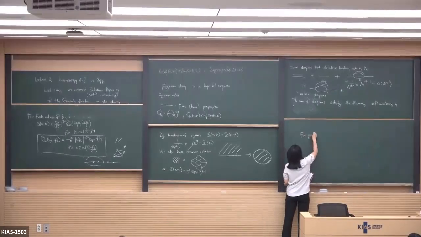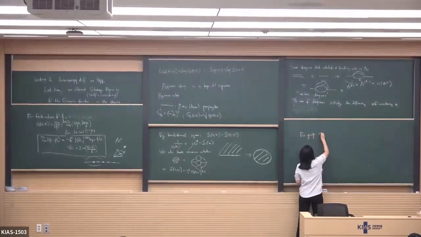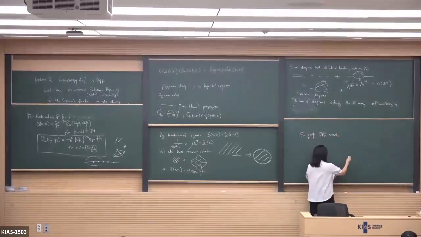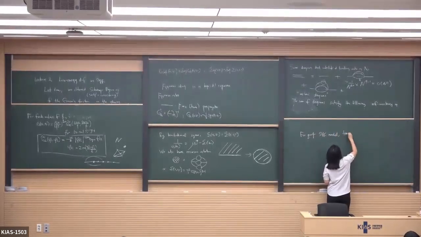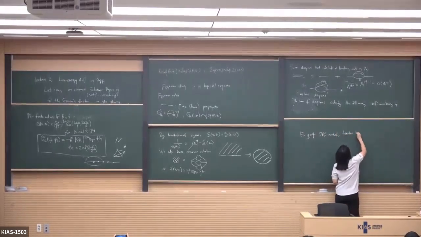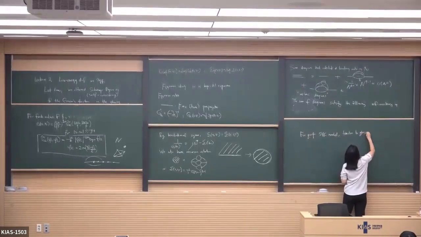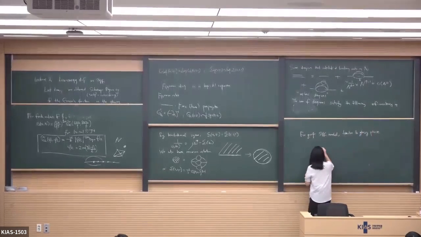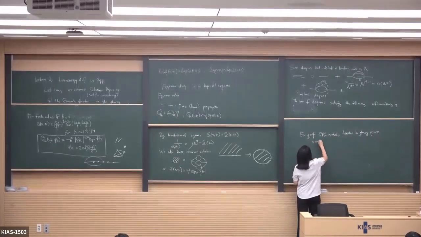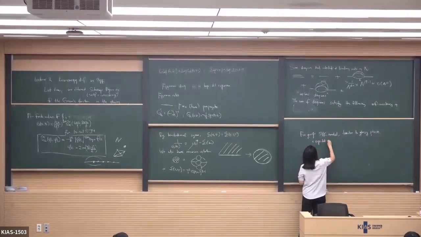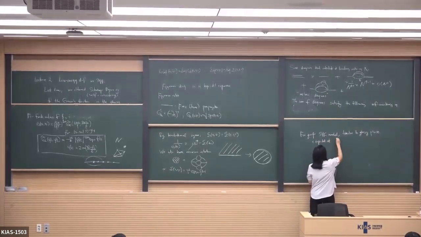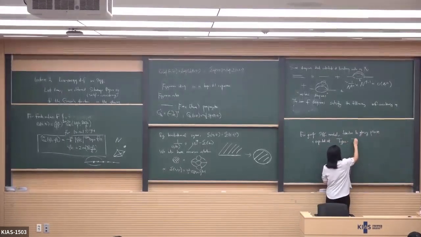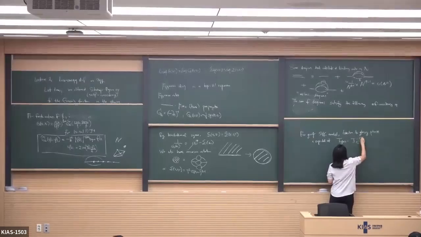Okay, so for the Q equals 4 SYK model, a transition to a glassy phase is expected.